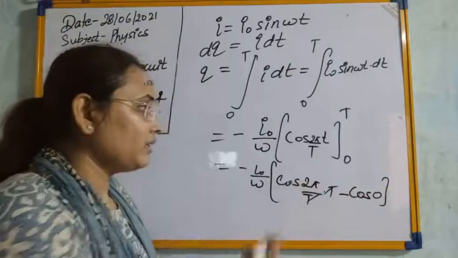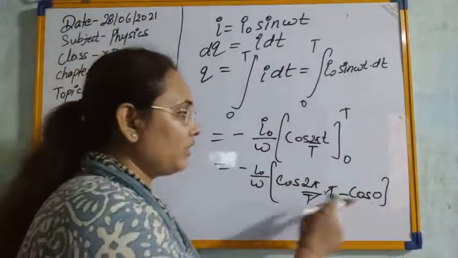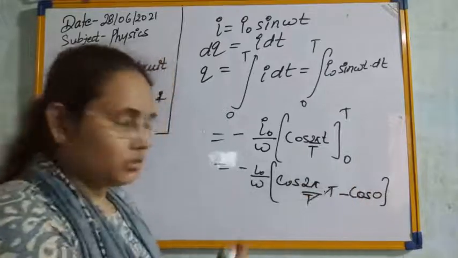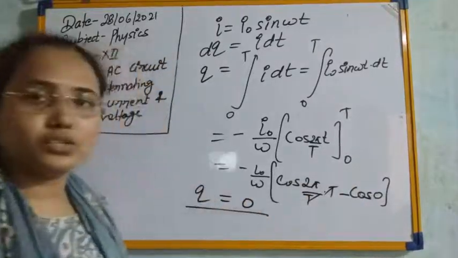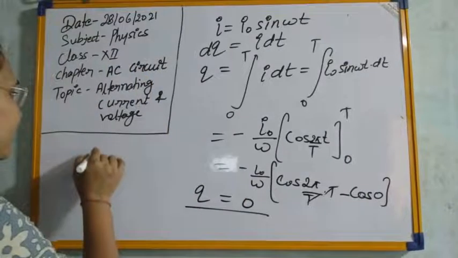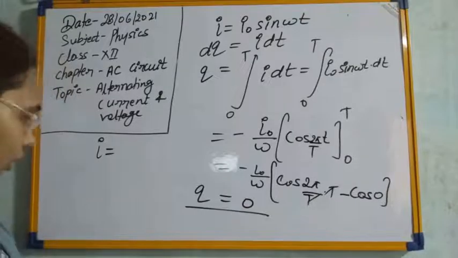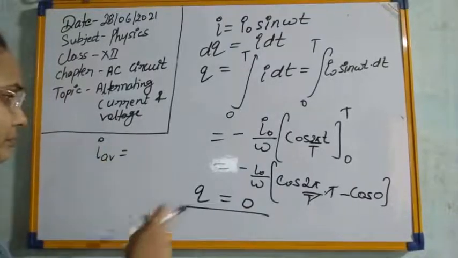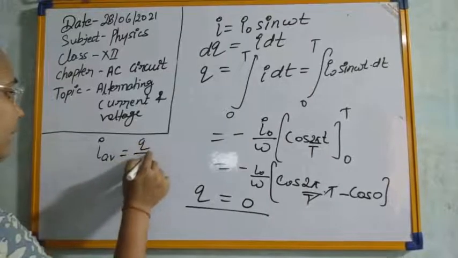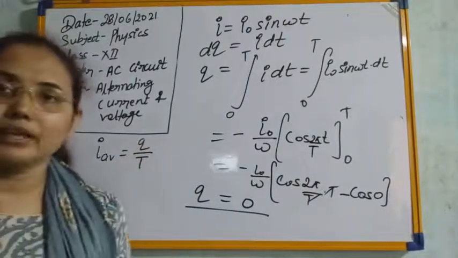As you know, cos 2 pi has the value 1, and cos 0 is also 1, so 1 minus 1 will be 0. So for this one, q is obtained to be 0. And if we now calculate the average value of I over the complete cycle, this average value is given by charge over one time period.